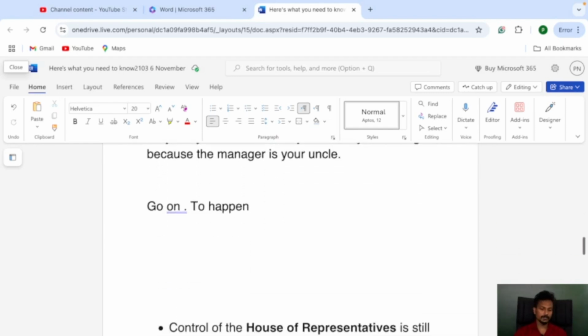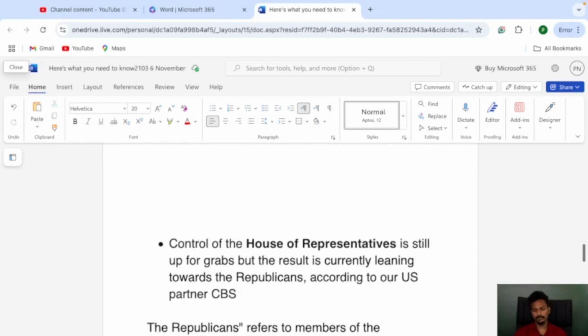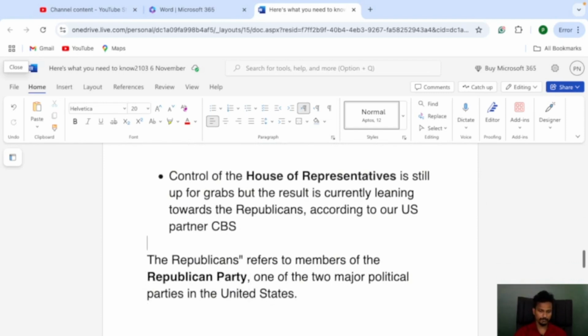Let's go to the other paragraph, okay? Here, control of the House of Representatives. House of Representatives, generally, and this is mainly about the US election.